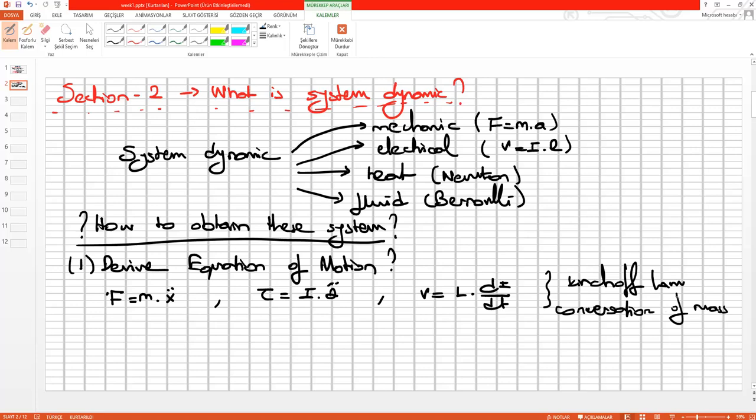Okay? And if we have a system, this system keeps its energy the same at any time. But this system has a velocity, or some changing parts may happen in this system, which we call the dynamicity, or in another term, the equation of motion.